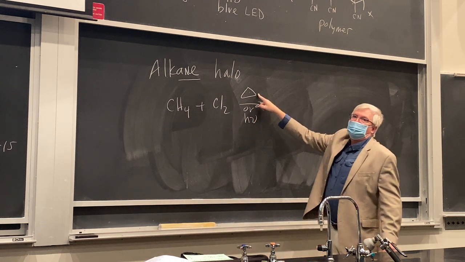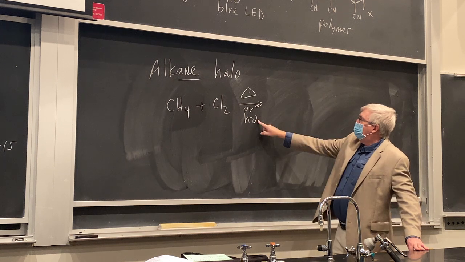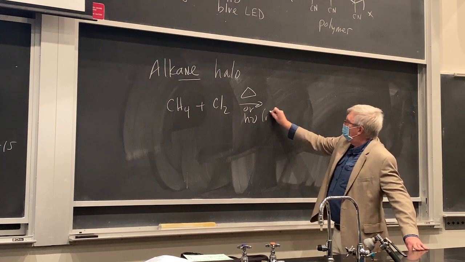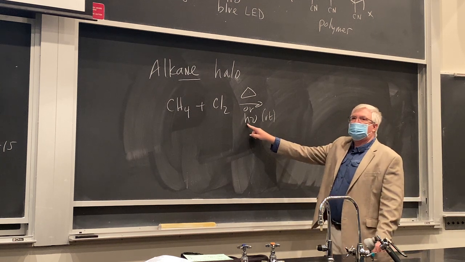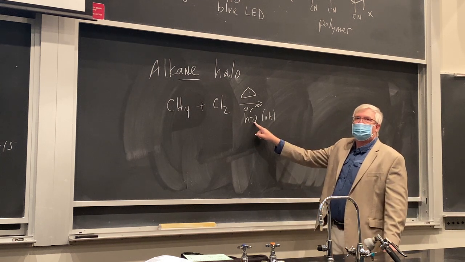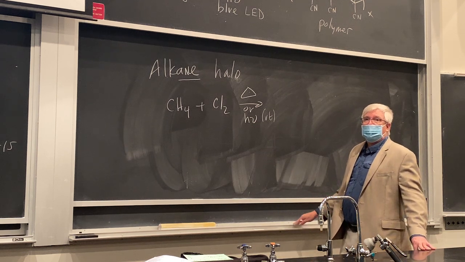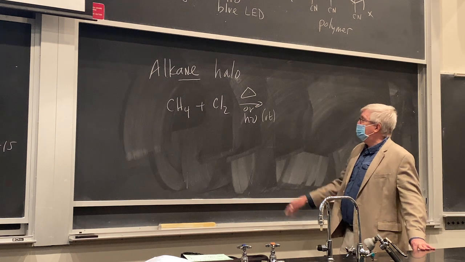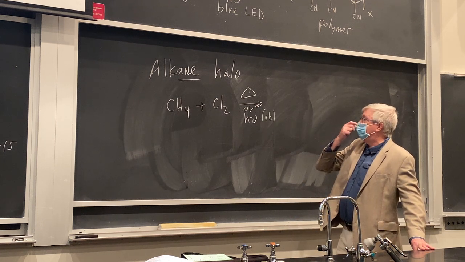Now heat, obviously raising the temperature above room temperature. Light lets you do it at room temperature, which is nice, and we'll see some advantages of light. H nu, that's Planck's constant times the frequency of the light. This can be white light. It doesn't have to be ultraviolet light or high energy light. Intense white light is fine to initiate radical chemistry.